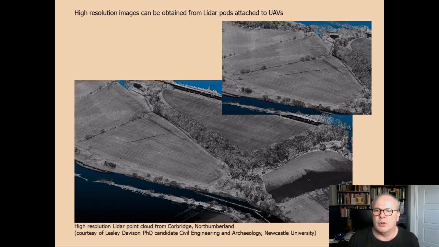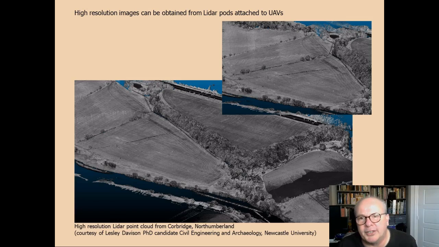And she's flown not only in one direction, but also cross-flown. So the resolution of her LiDAR data is something around about 5 centimeters. She's more interested in erosion as part of a PhD, and this sort of level of detail enables very, very precise measurement of changes to the landscape.